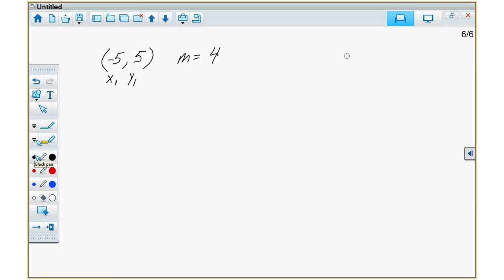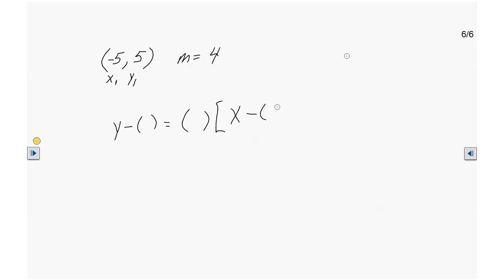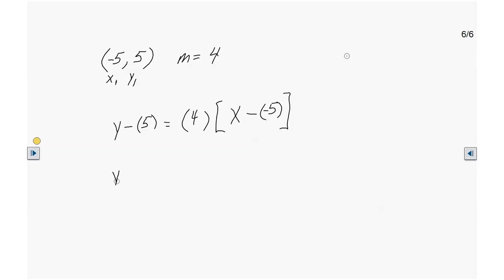But anyway, so here we go. Y minus Y sub 1 equals M times the quantity X minus X sub 1. And what is Y sub 1? Negative 5. So Y minus 5 is equal to 4 times X plus 5.